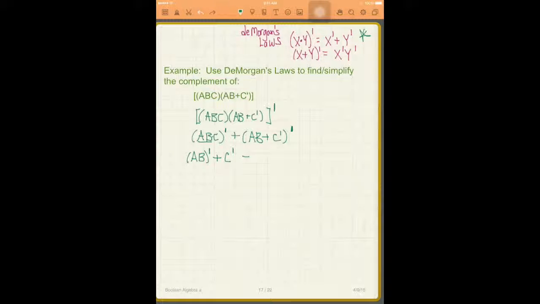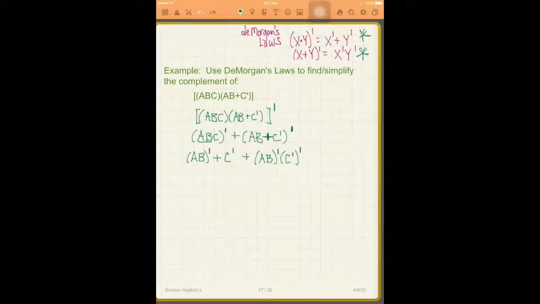Let me write down the next one: AB plus C prime, complemented, so I'm adding here and taking the complement. I'm going to use the second De Morgan's law that I've written down, and it's going to be the first group complement, times the second, C prime complement.